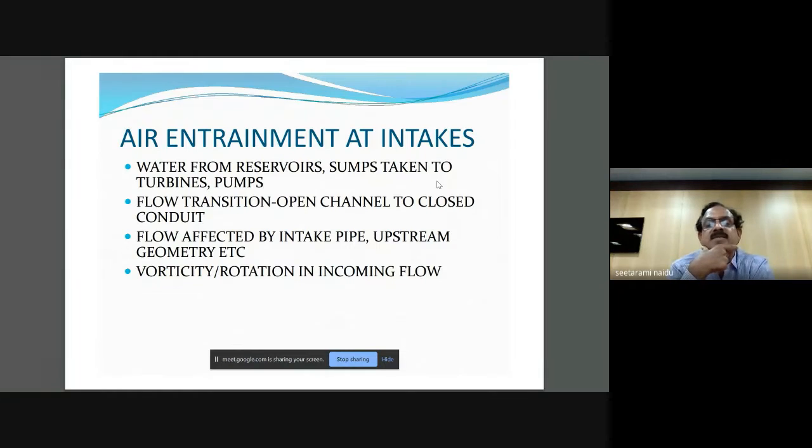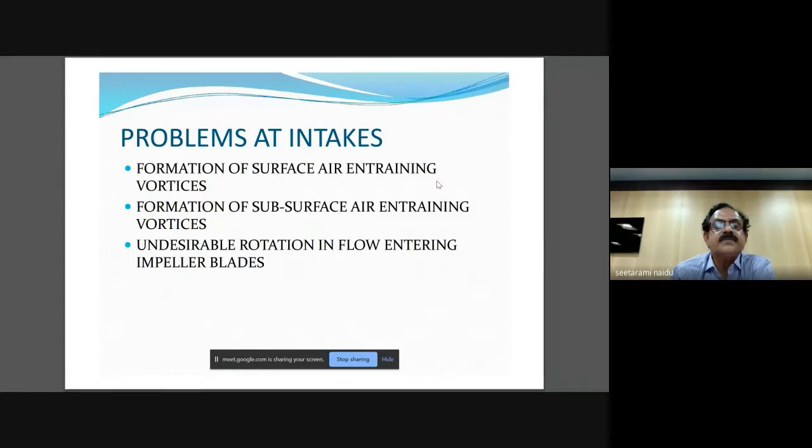So this makes a very different transition from open channel flow to closed conduit. Here, one is influenced by Froude's law, and the other is influenced by Reynolds' law. The problems at intakes are formation of surface air entrainment, formation of subsurface air entrainment, and rotation in flow entering the impeller blades, which affect the performance of the pump.